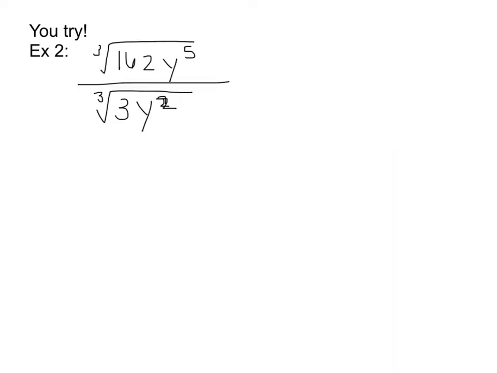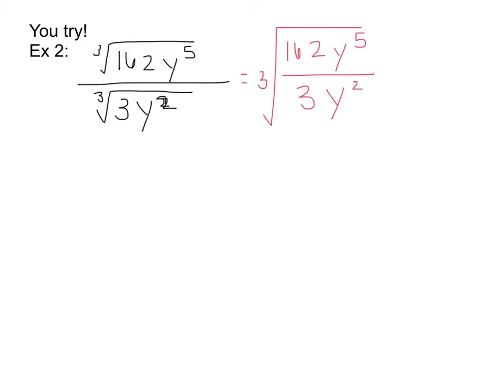Press pause, and I want you to try dividing the cube root of 162y to the 5th divided by the cube root of 3y to the 2nd. First thing you need to do is check that they are both the same index, which they are. Now go ahead, make it one big cube root, so you have 162y to the 5th divided by 3y to the 2nd.